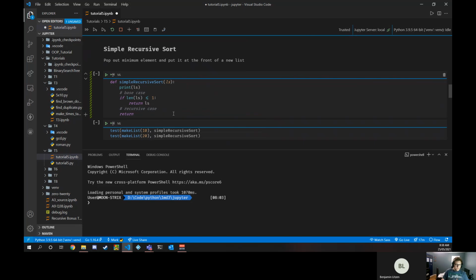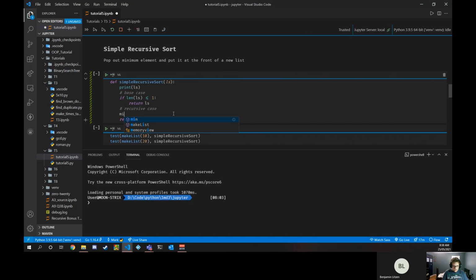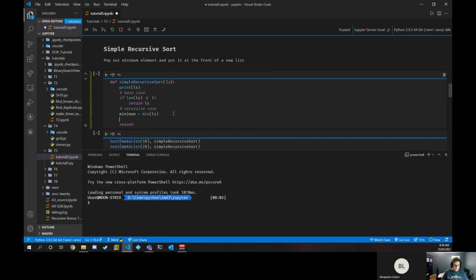The recursive case is where it gets a bit more interesting, because I have to find some sort of minimum. And of course, we all know the correct way to do that is just called min, because we're lazy. Then I have to ask L to remove said minimum, and then I have to make a new list containing the minimum and append the recursion of simple recursive sort.